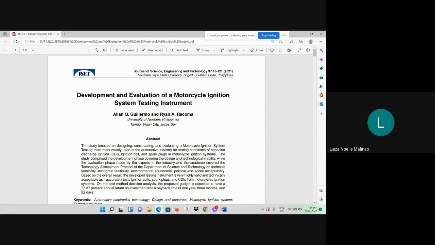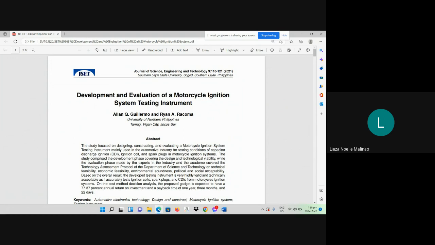So, here is the title. The authors are trying to develop, what are they trying to develop? It says here a motorcycle ignition system testing instrument. Okay, so they're trying to develop a certain innovation here.